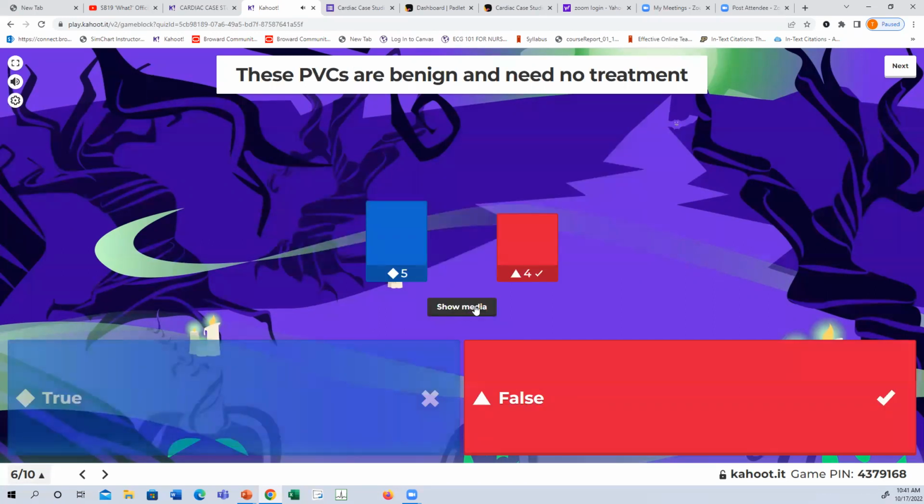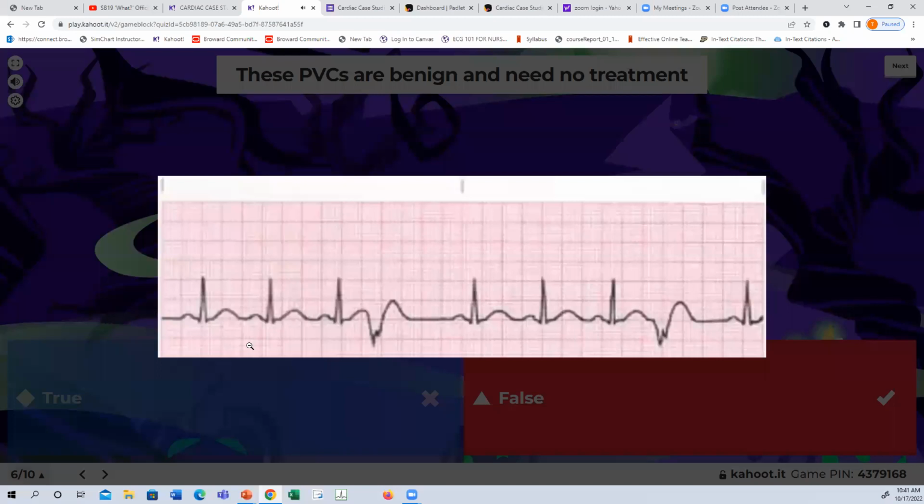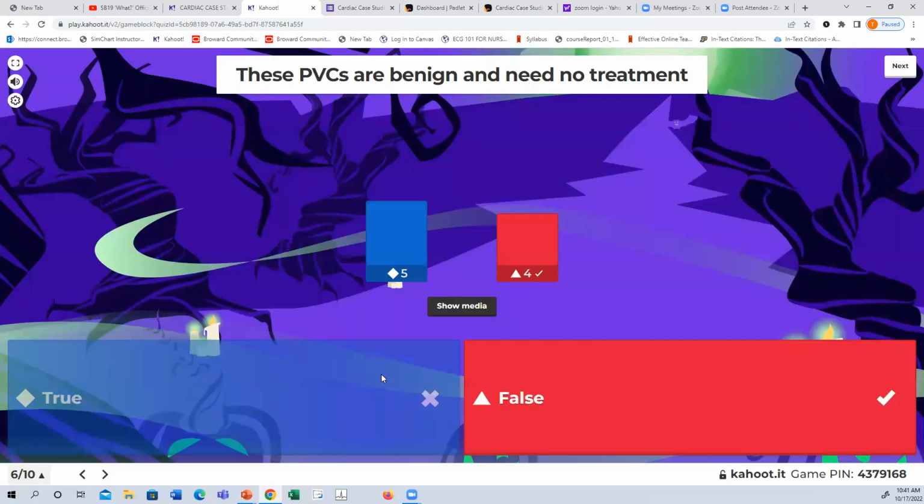Okay, whenever we have PVCs, we're going to evaluate them on their proximity to the T wave. So over here, you see the PVCs occurring right on the T wave. Over here, the PVC is occurring after the T wave. This PVC is very dangerous. And therefore, whenever we see this type of PVC, which is called R on T PVCs, it is imperative that it should be treated.